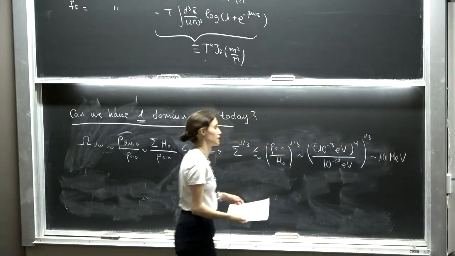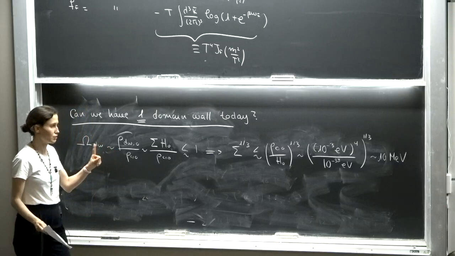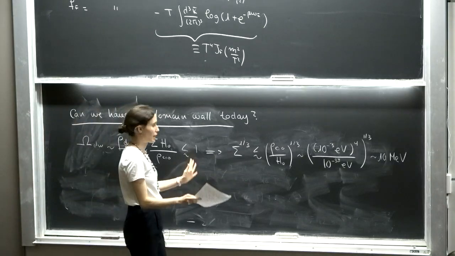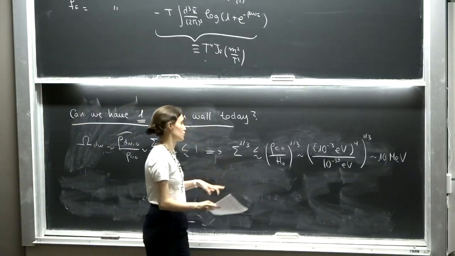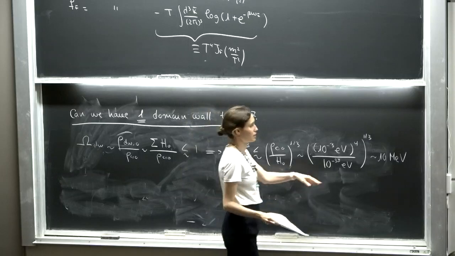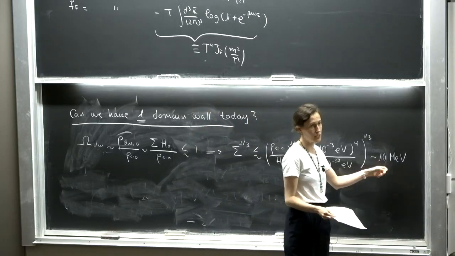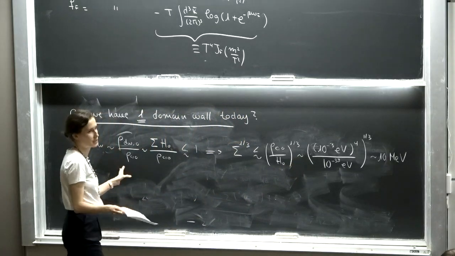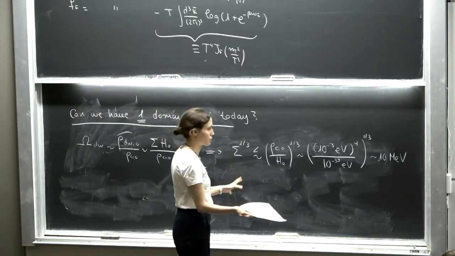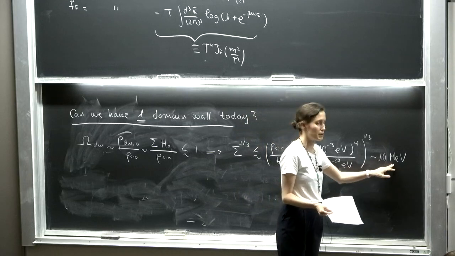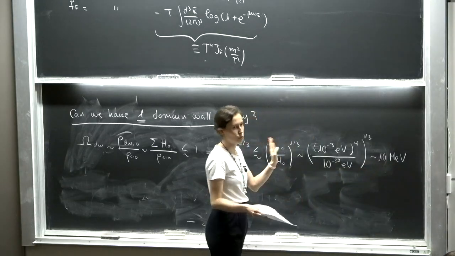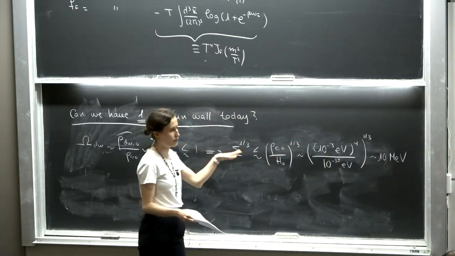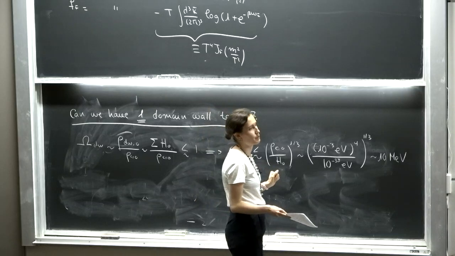Okay. So a single domain wall with a tension that has a scale above 10 MeV will completely dominate the energy density in our universe today, which is completely ruled out for many reasons, okay? So notice, 10 MeV is an extremely low scale. This is way below the electroweak scale, way below the scale of QCD confinement.